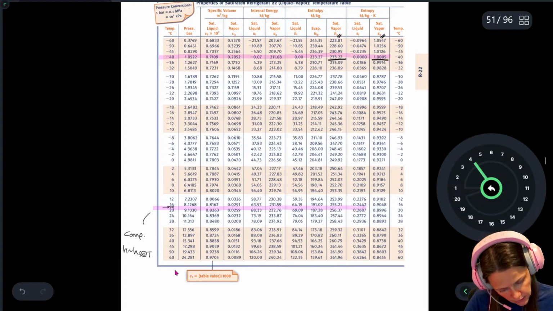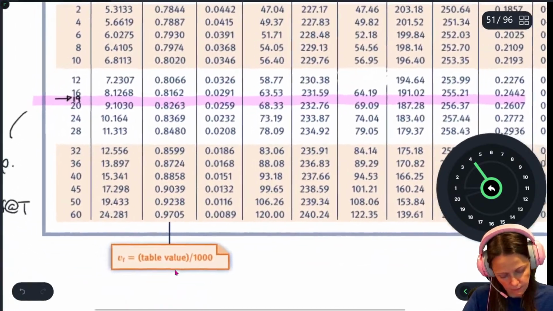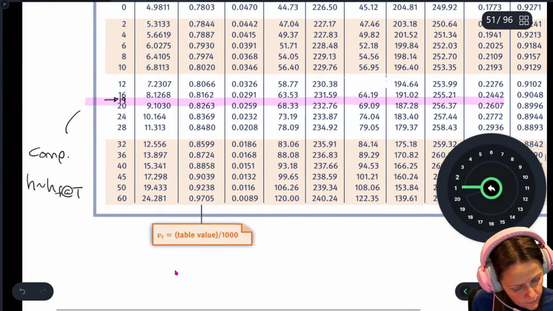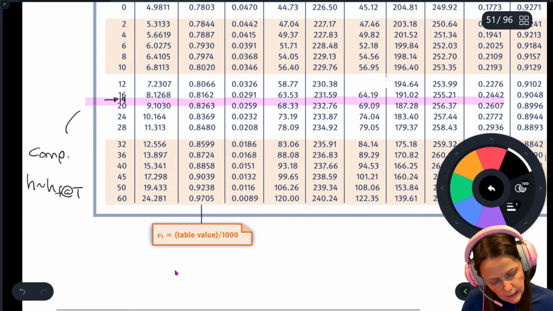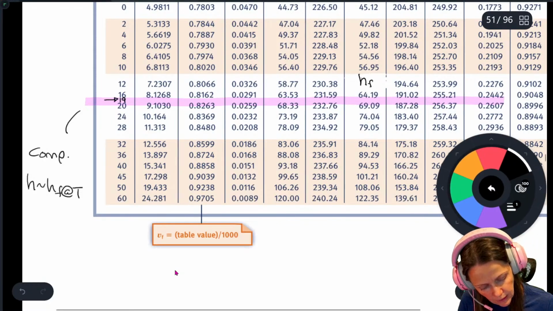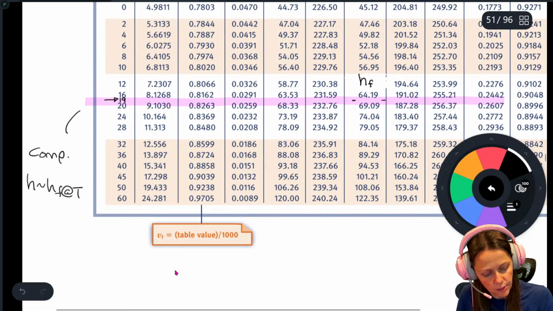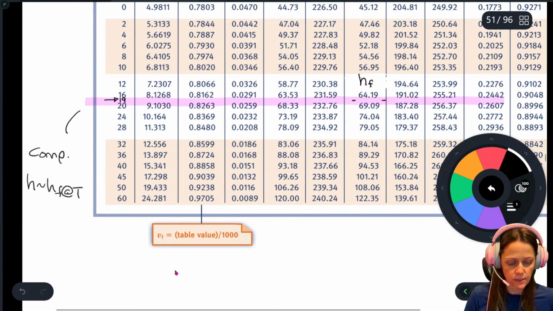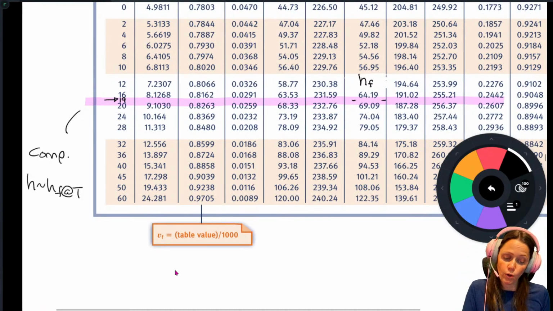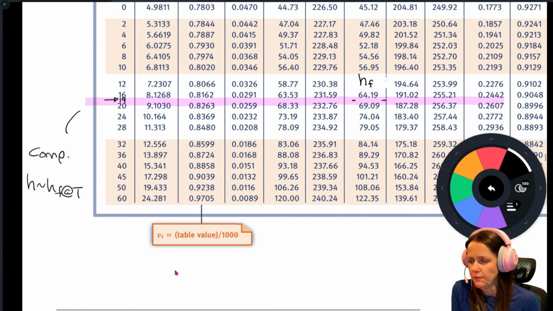Just want to zoom in. There. So this is our h sub f column. So you can see the h sub f at 19 degrees Celsius is going to be between 64.19 and 69.09. At a value of 67.87. Yeah, that looks okay.